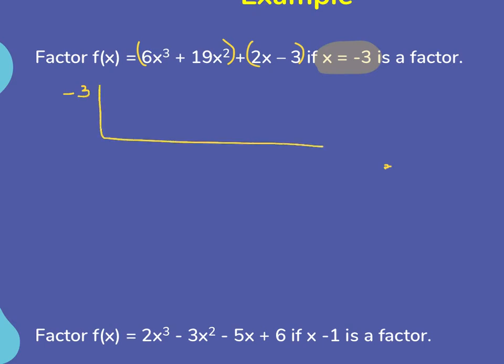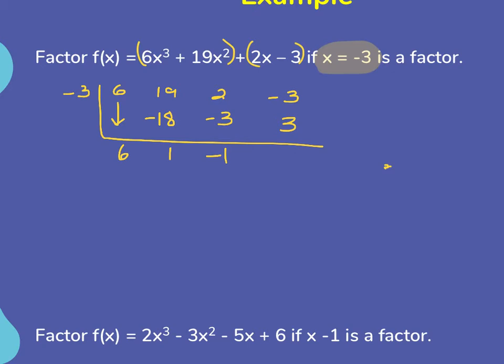I look at what's here. I make sure it's in decreasing degree order, and it is, from greatest to least. So I do 6, 19, 2, -3. Bring down the 6, multiply it times -3, put it in the next column, add it, multiply it, put it in the next column, add it, multiply it, put it in the next column, add it, and there's my 0. So again, that's a good checkpoint.